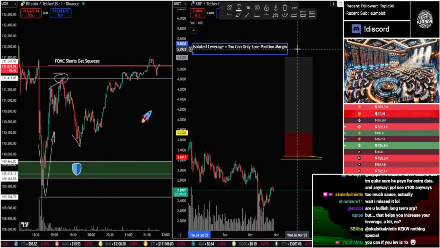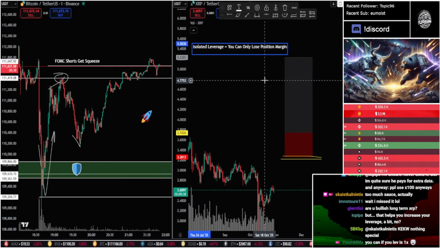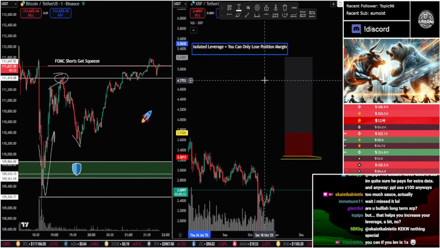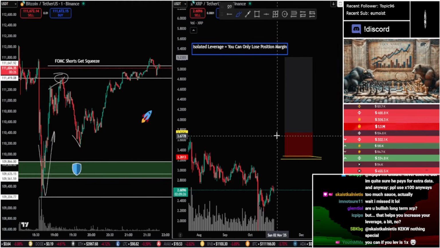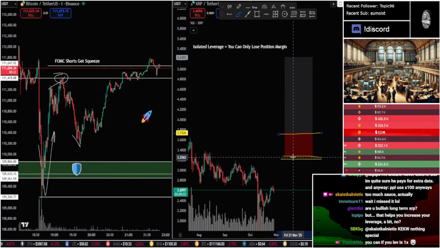Okay, and then so how much leverage should you use? Well, most of the time it doesn't really matter how much leverage you use unless you want to get really fancy with it. And it's not a fixed number, it would be dynamic depending on how wide your stop loss is. But your position sizing is always determined by the distance between your entry and your stop loss. That's what determines your position, not how much leverage you use.